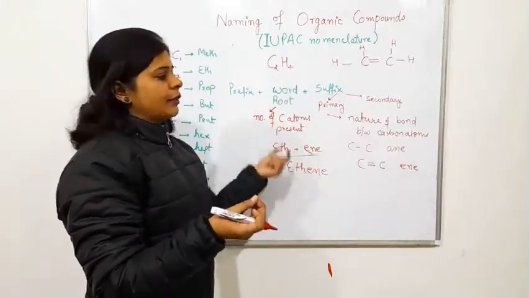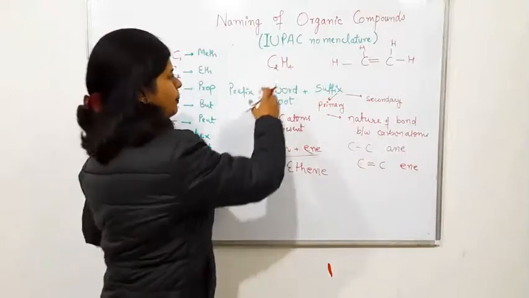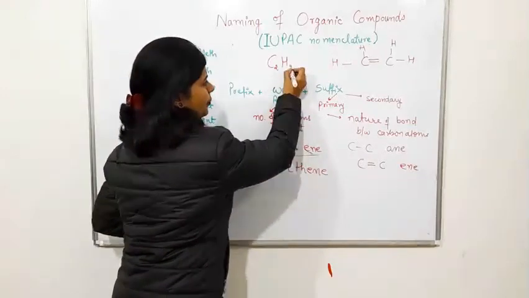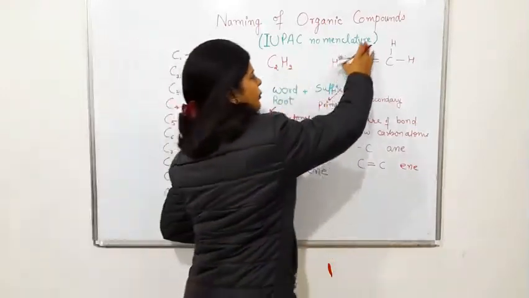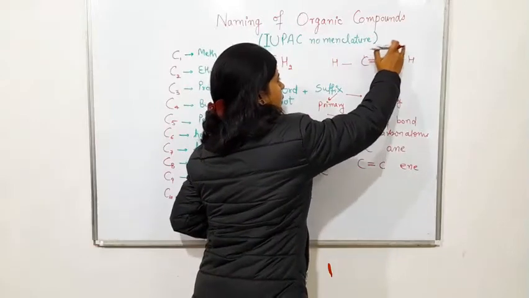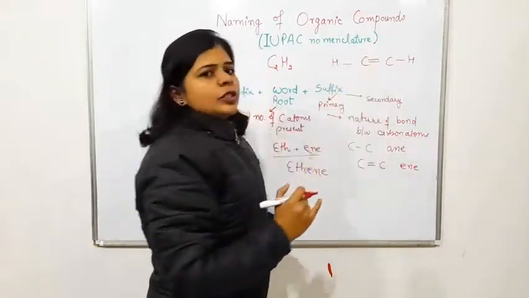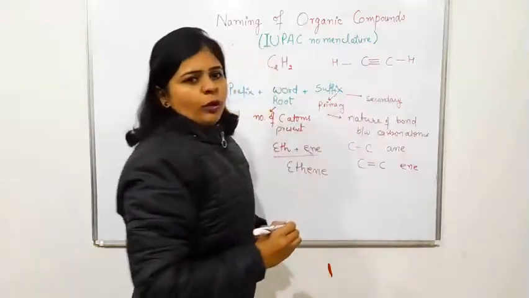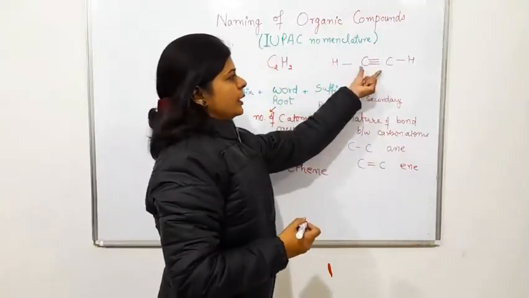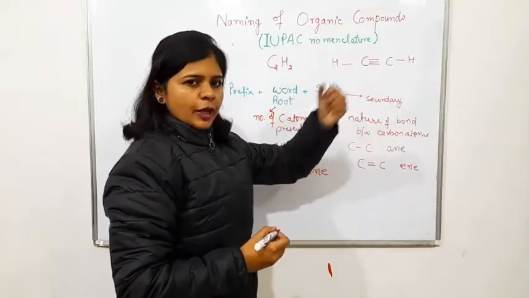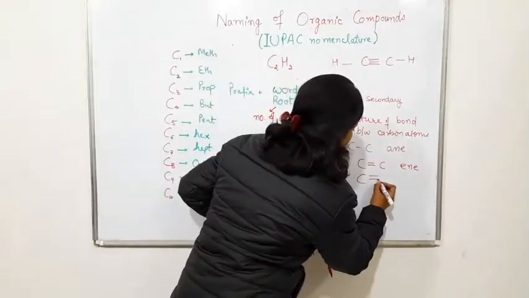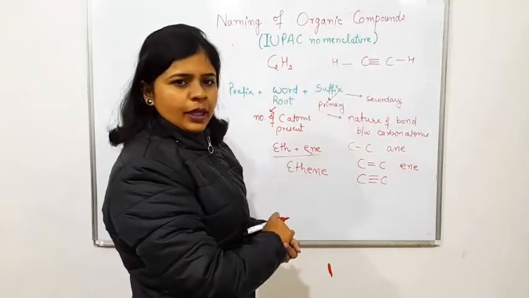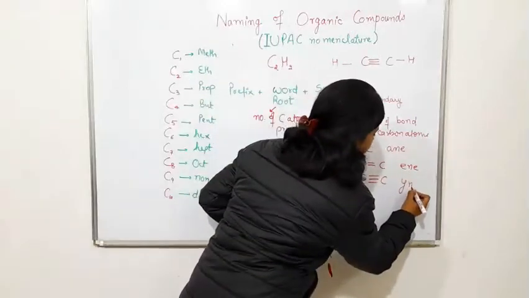Now to understand further, let us take one more example. It is C2H2. The hydrogen number reduces further. Now you know the valency of carbon is 4, so we need to put one more bond. That is, this time there is a triple bond present between the carbon atoms, and whenever a triple bond is present between carbon atoms, we use ine.